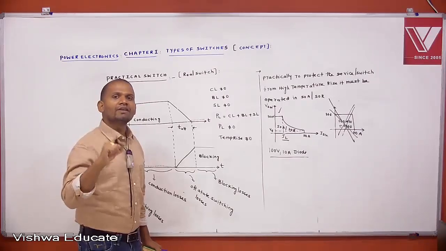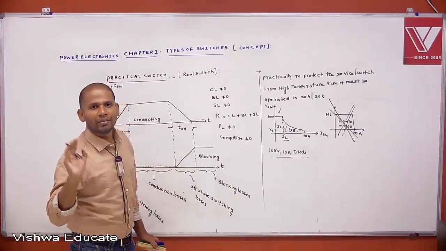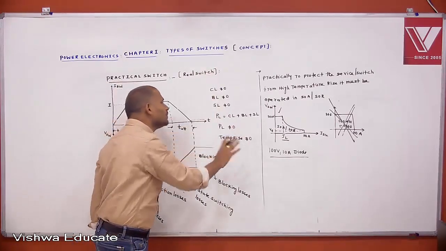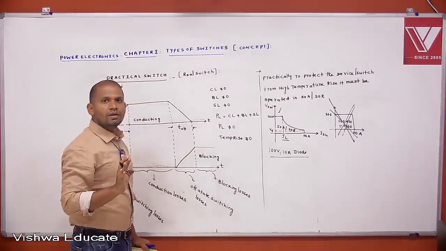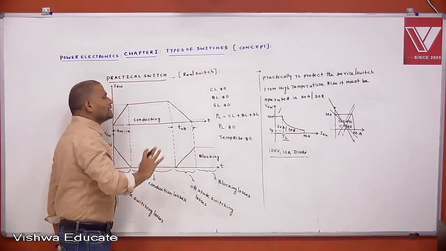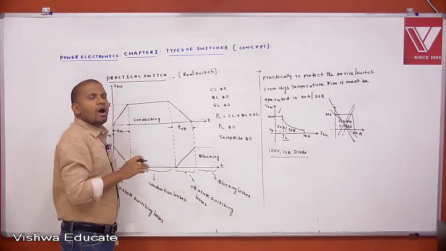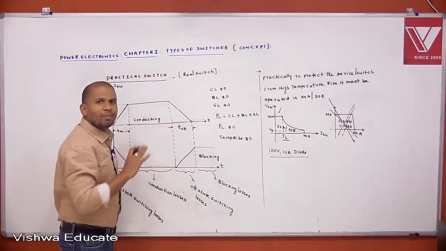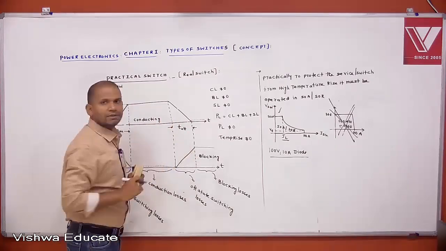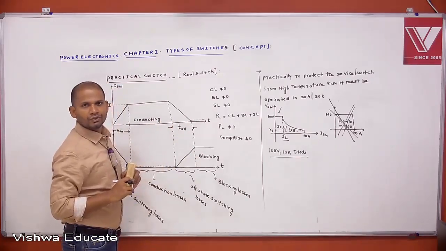Otherwise, the device or switch may be permanently damaged. These are the points you remember. How to calculate the switching power loss and the conduction power loss, all this we will see later on. Understood? Okay.